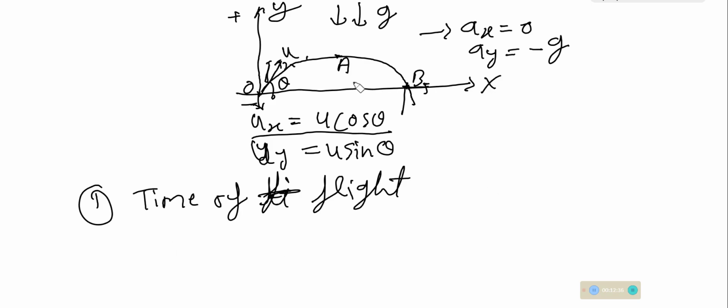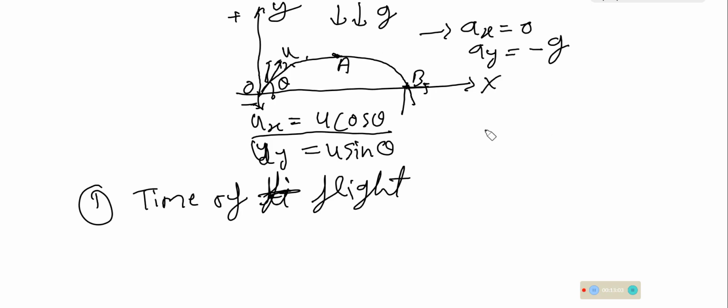And we know that at maximum height the y component of the velocity, or the vertical component of the velocity, should be 0, because the particle is at maximum height and will not go above this point. So at this point the velocity in the vertical direction is 0.